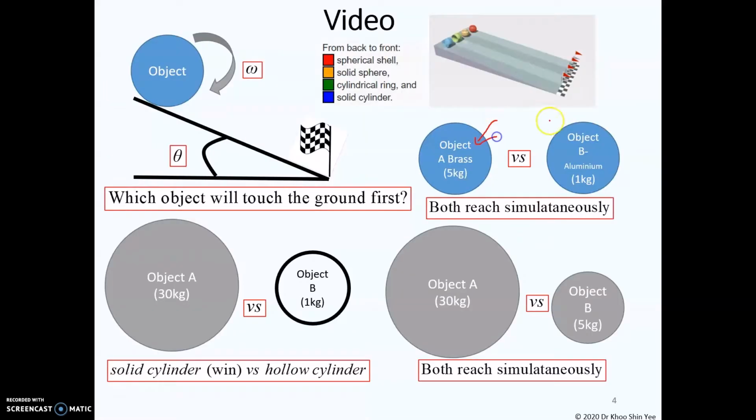This is the reason why when you compare two different objects with different mass, different material, but the shape is the same, both of them will reach the ground simultaneously. And if you compare objects with different radius and different mass, both of them will reach the ground simultaneously as well. Because the acceleration here doesn't depend on the mass and doesn't depend on the radius.